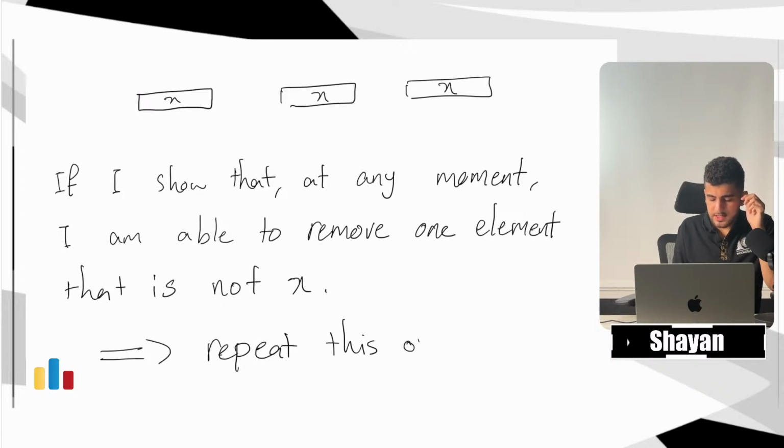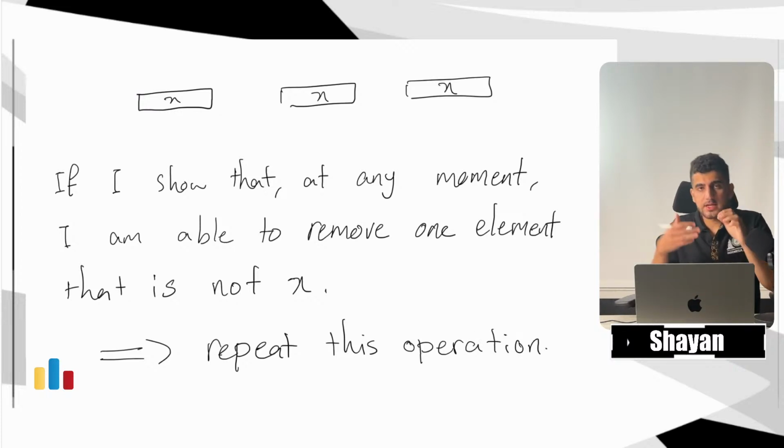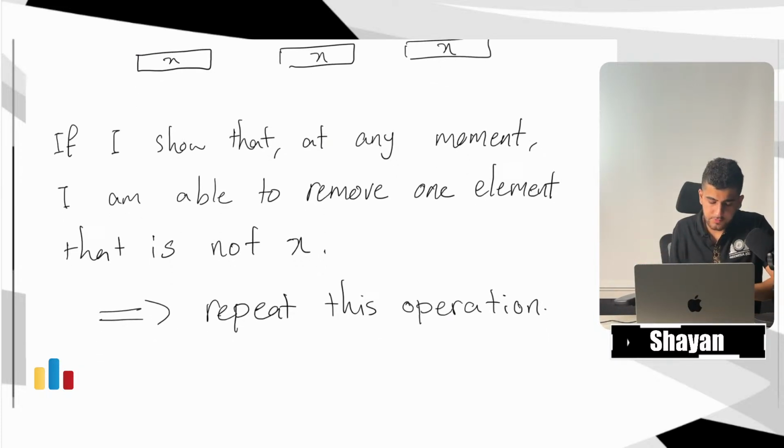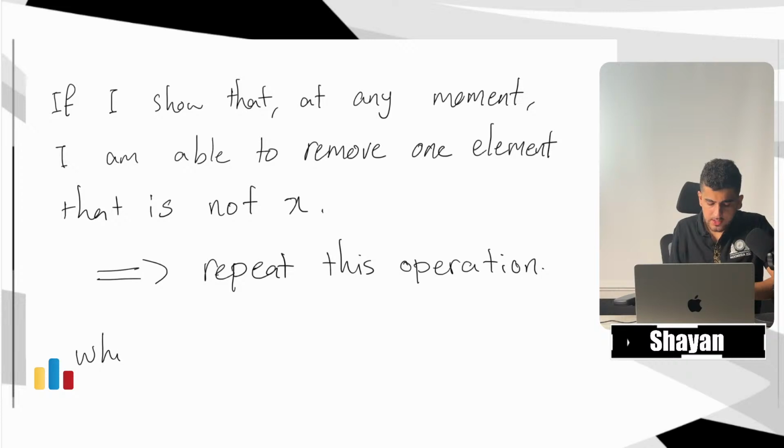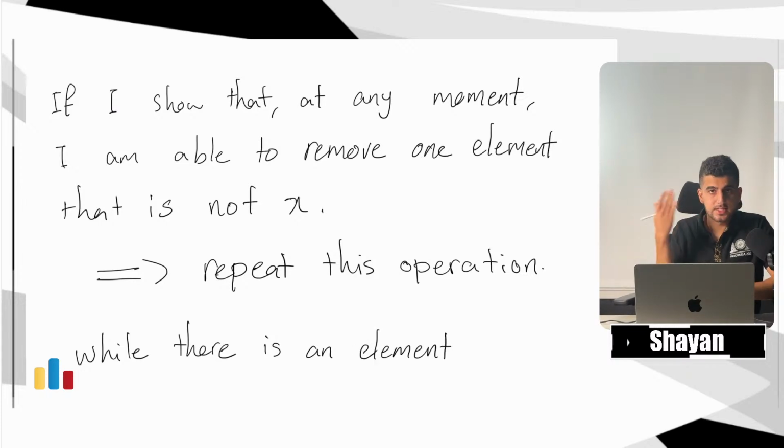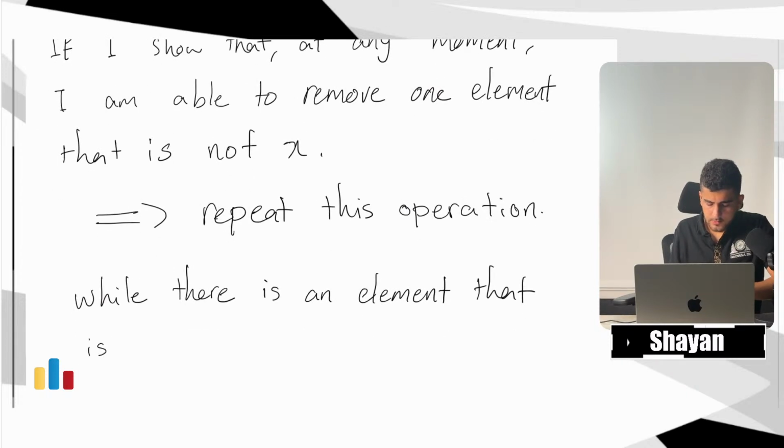So it's just enough that if I show that I can do one operation in which one element that is not x will be removed. If I show this, then as long as there still exists an element that is not x, I can just have a while loop and remove one of them.